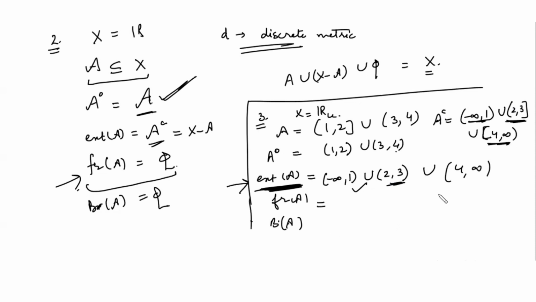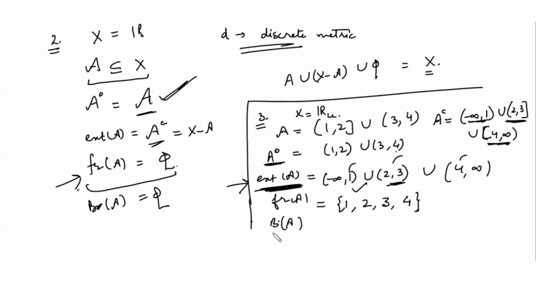Now what are the frontier points? It will be 1, 2, 3 and 4, because only these are the points which are neither interior points of A nor exterior points of A. These are the only points, right?